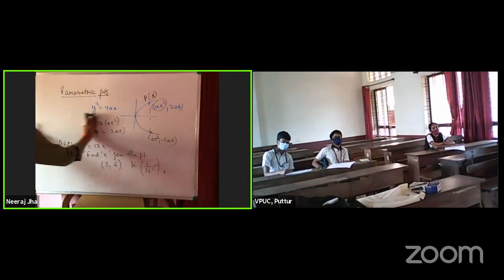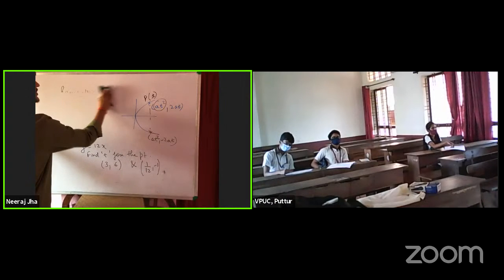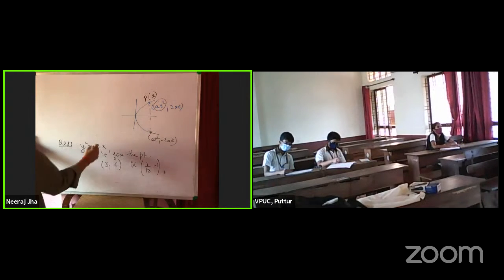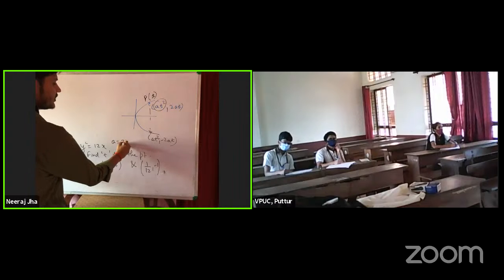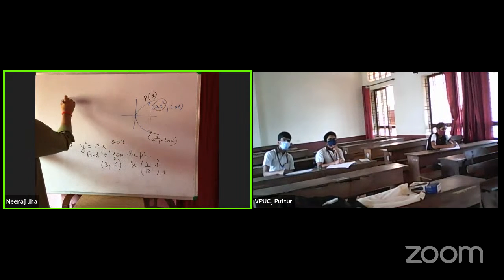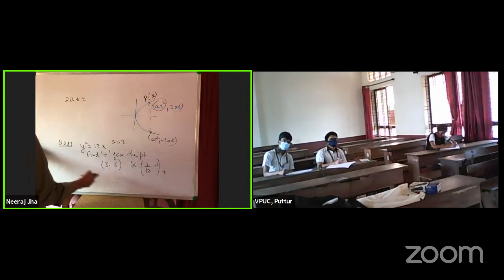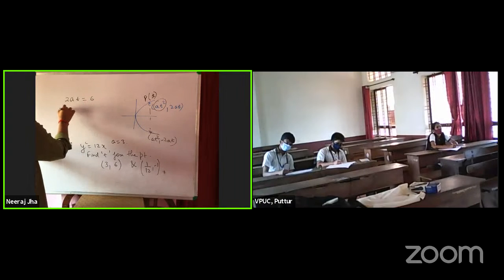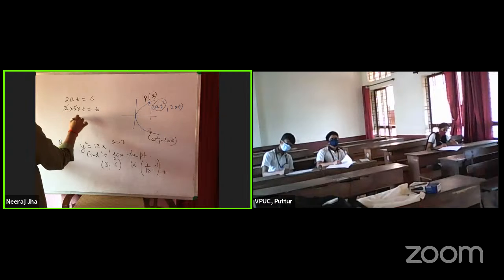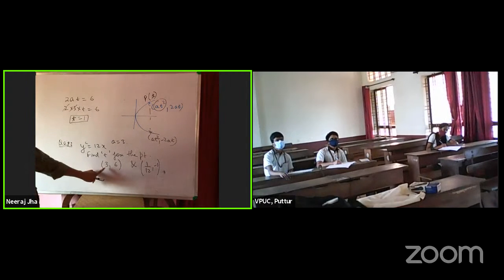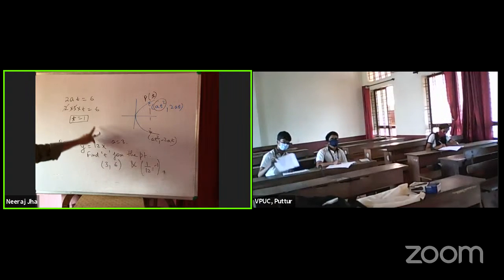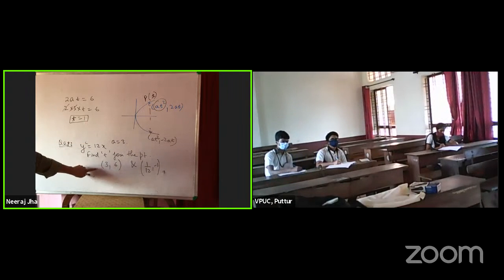All right, chalo, let us solve this using the y coordinate. What is a over here? Sir, a is 3 over here. A is 3. So the y coordinate 2at is equal to 6, which is 2 into 3 into t is equal to 6. That means t ka value is 1. T is 1. If we solve it using the x coordinate, we might get t is equal to 1 and minus 1.